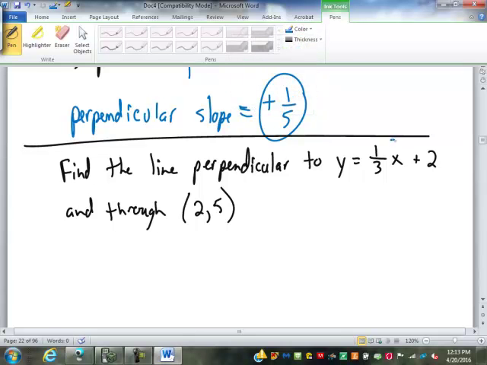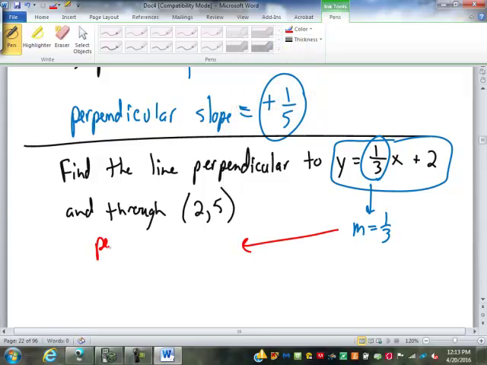So again, looking at this equation, the only piece of information I want from there is the slope. m equals 1/3. For the perpendicular, our slope is going to be the opposite reciprocal. So negative, and then flip it over, 3/1. So -3 is the slope of that perpendicular.